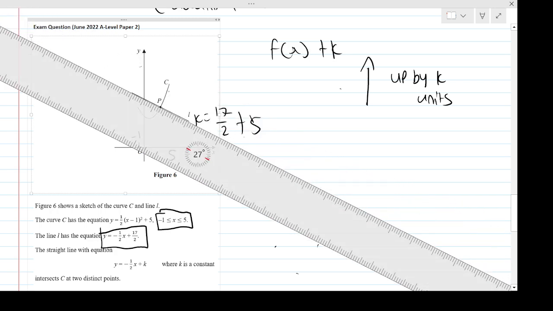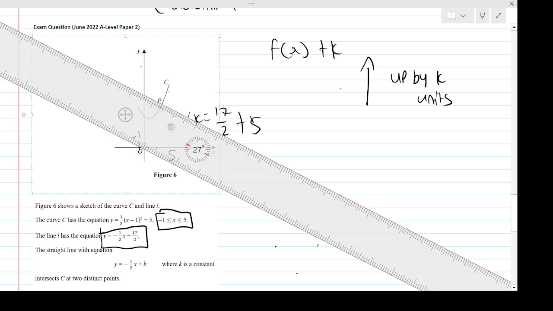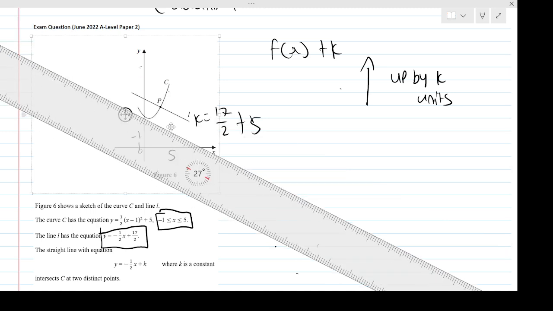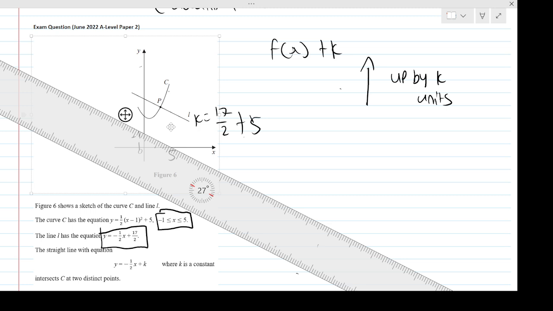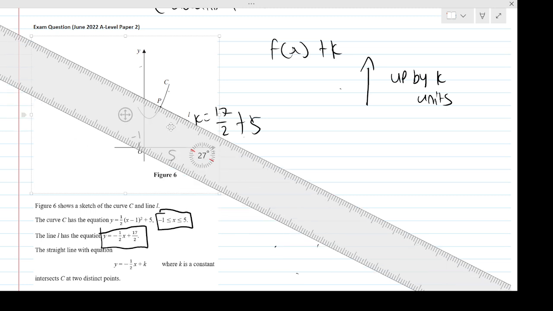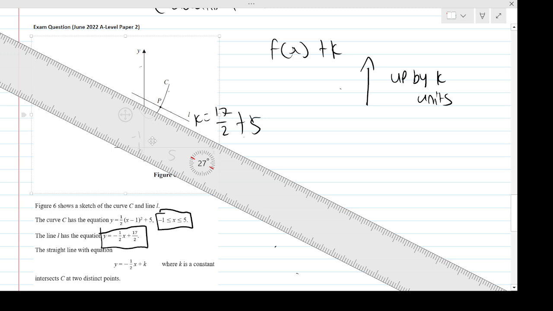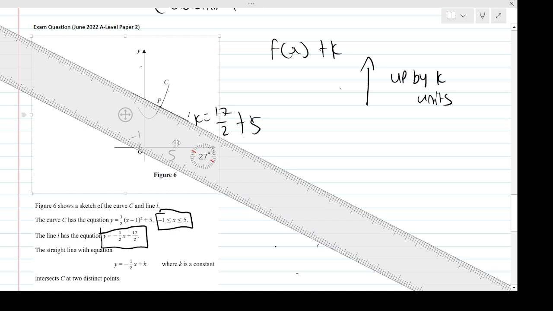So more or less it matches. So if you have a ruler there, essentially adding k means we can only move it literally up or down. If k was negative, we'd move it down, right? If k is positive, we'd move it up. That's all we're doing. So if we vary k, remember k is shifting that line up or down.